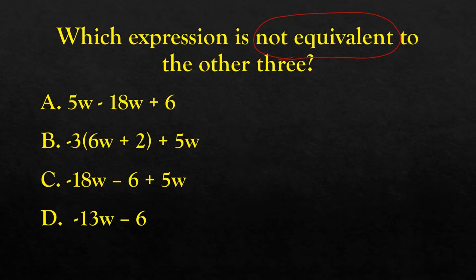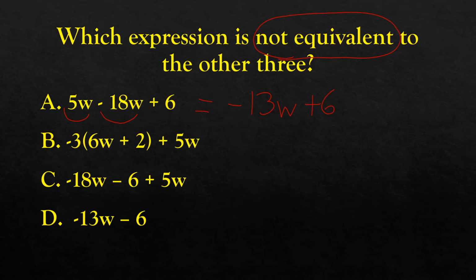You notice 5W and negative 18W are like terms, so we can simplify that. 5 is a positive number and the 18 is a negative number, so remember, you're doing 5 minus 18, and that will give you negative 13W. And what's left over? My plus 6. I can't combine 6 with 13W because they're not like terms.